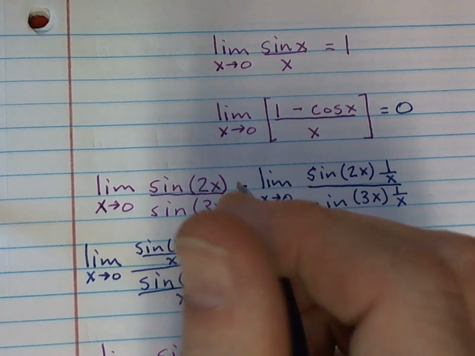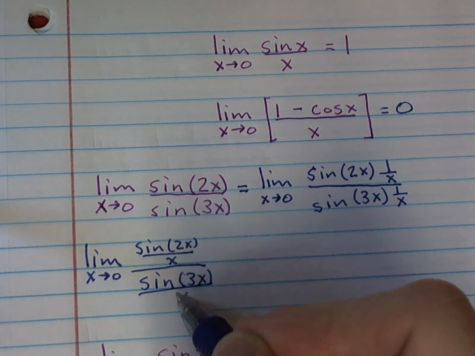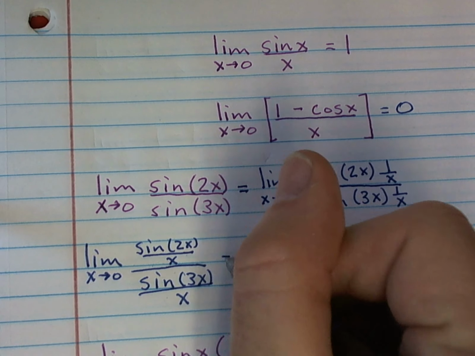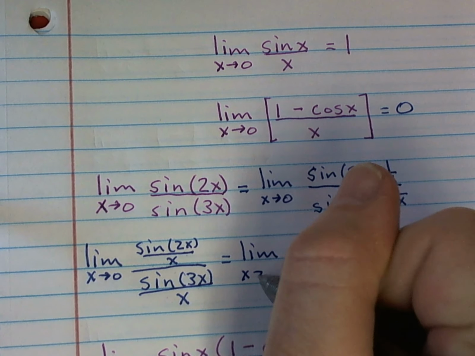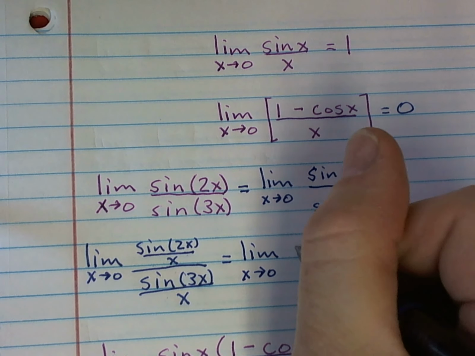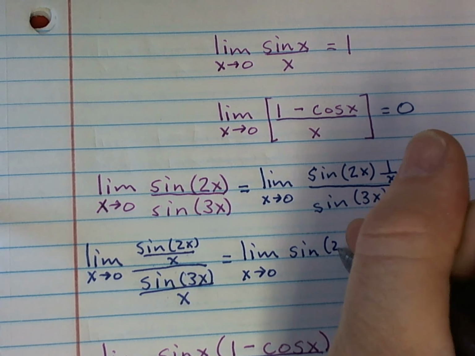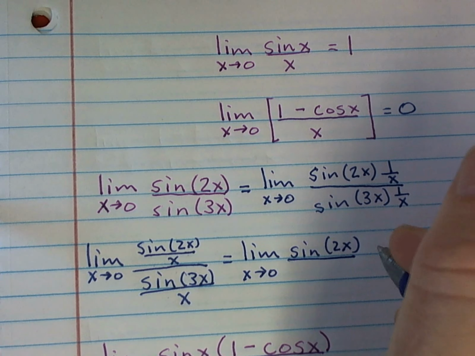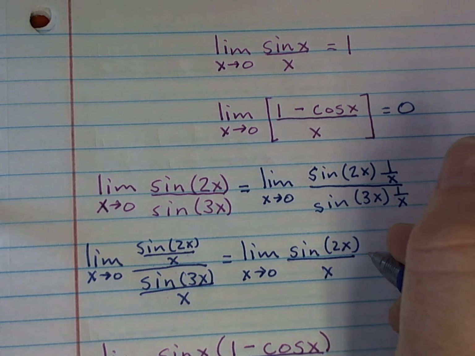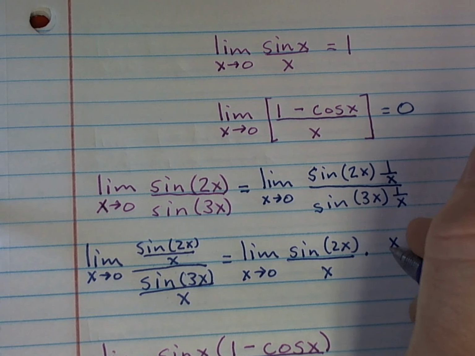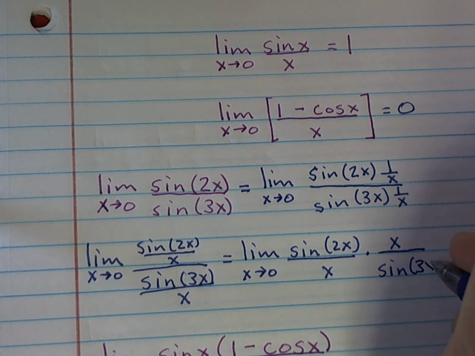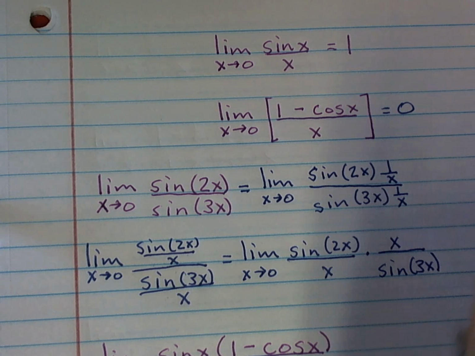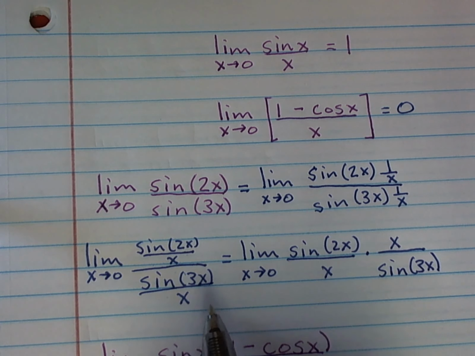Now, so that I don't have to work with this fraction, let me make this the limit as x goes to 0 of sine 2x over x times x over sine 3x. See what I did? I just inverted and multiplied.